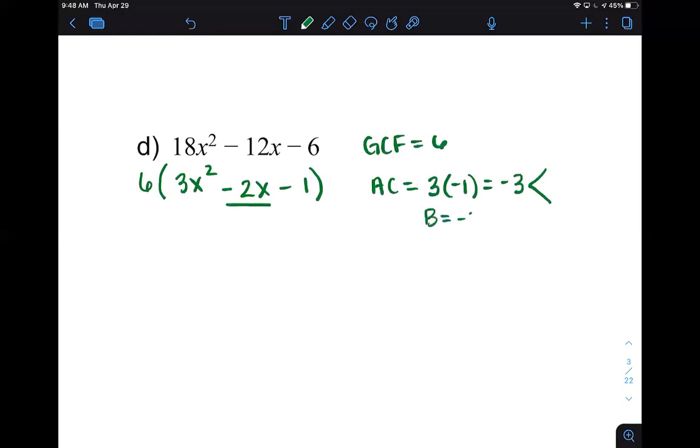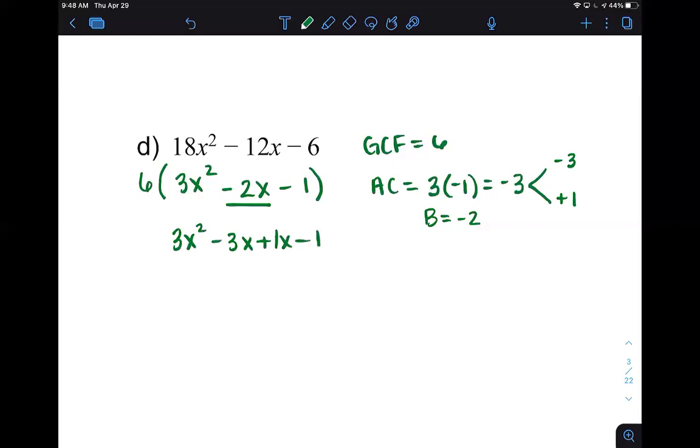Which would be what? -3 and +1. Okay, now choose which method you like best, either the box method or the line. I'm just going to leave it 3x squared minus 3x plus 1x minus 1.